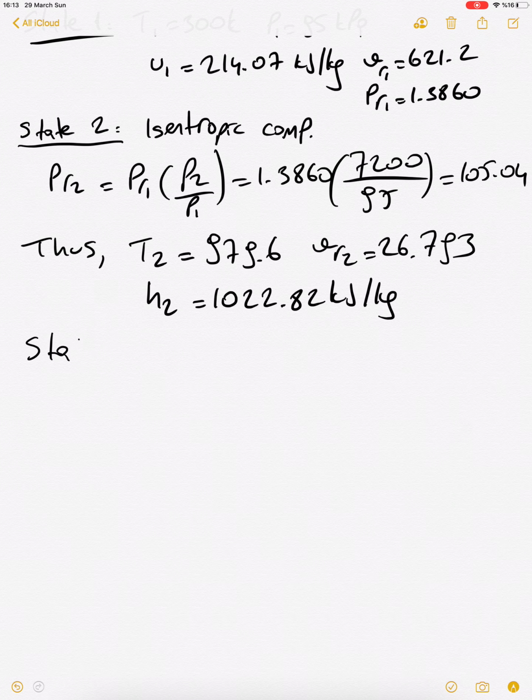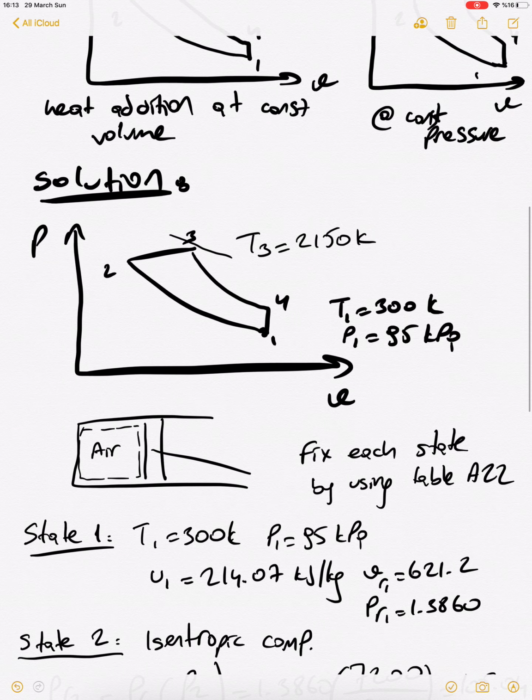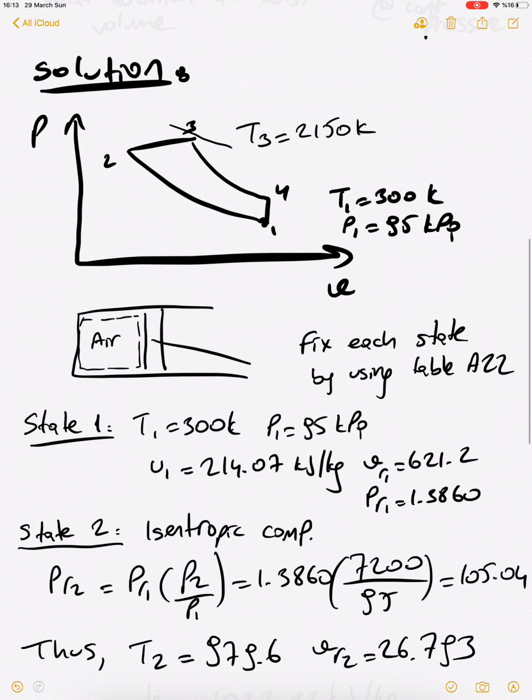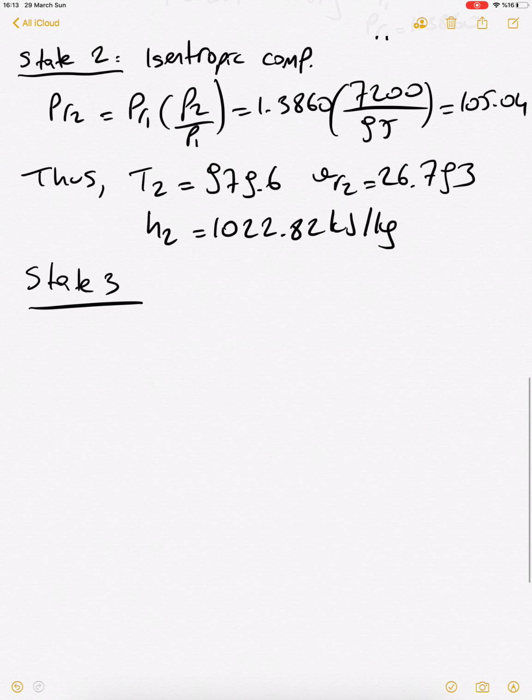For state 3, what we know is P2 is equal to P3. T3 is also known, 2150 Kelvin. P3 is 7.2 megapascal.